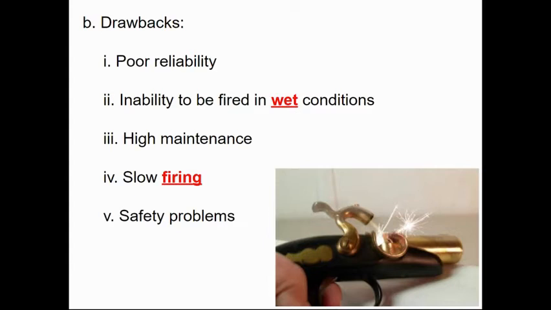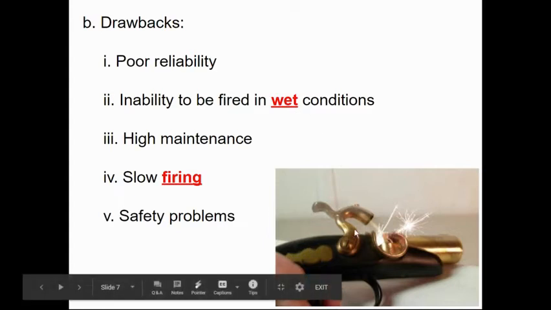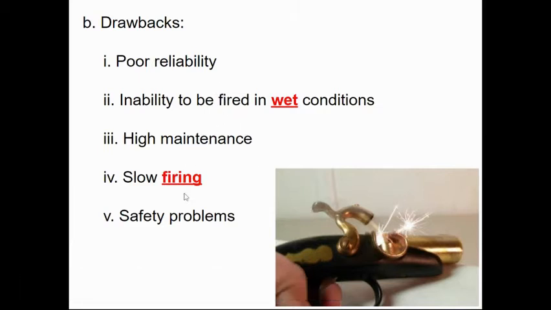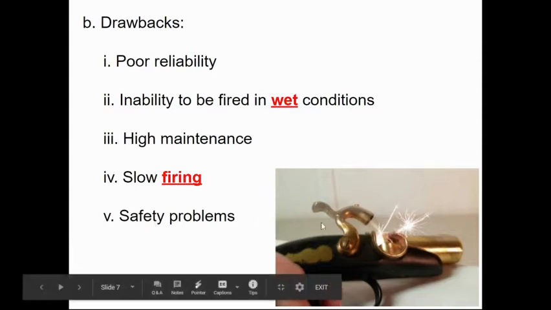There's wind that could blow out the match or blow this around. It's slow to fire. And after you've done it, you've got to basically have the whole setup again. So there were some drawbacks to that as well. And then safety as well. You're lighting that gunpowder externally and you're holding that up a lot of times near your face.